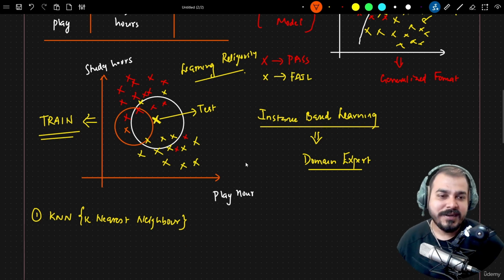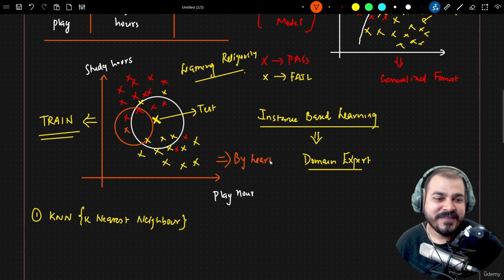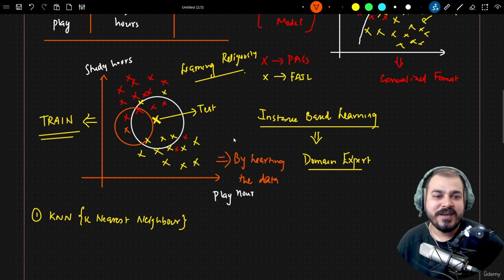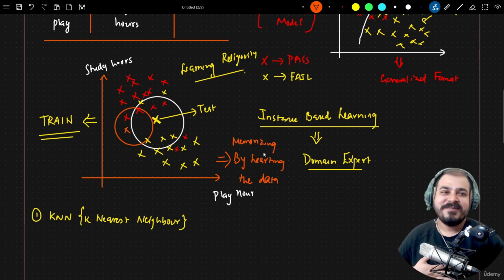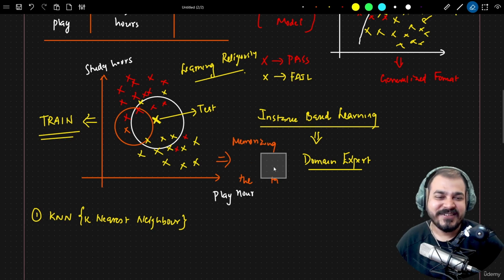In terms of a student, just imagine this is more like learning the data by heart, which basically means memorizing the data. By heart is what we usually say. Again, I should not use this word, but here focus that the model is trying to memorize the data.